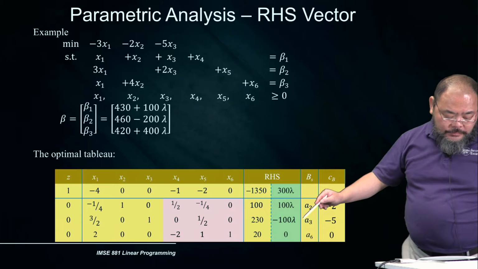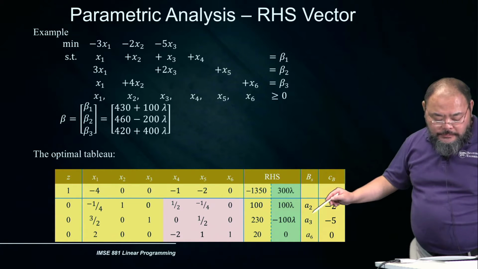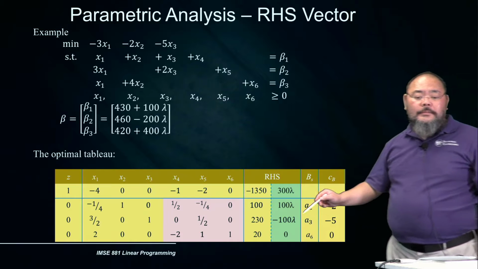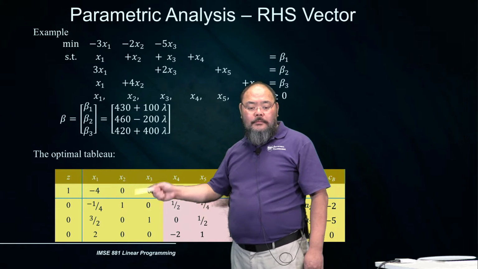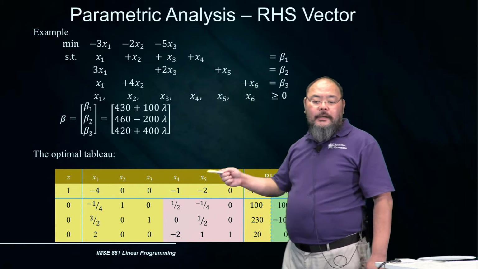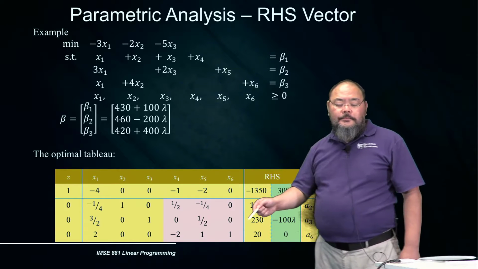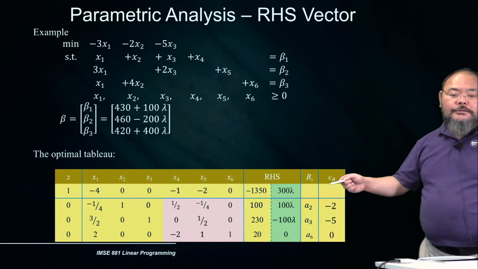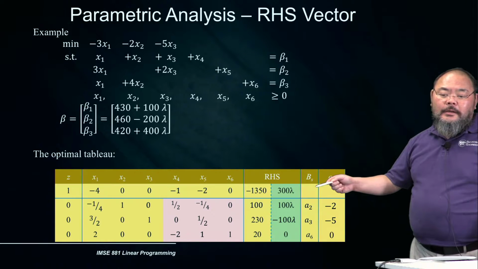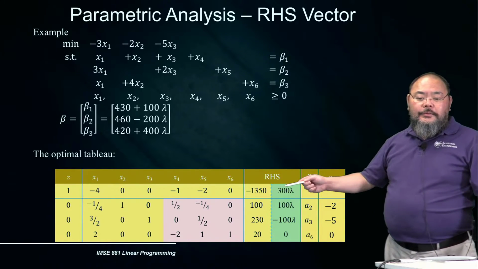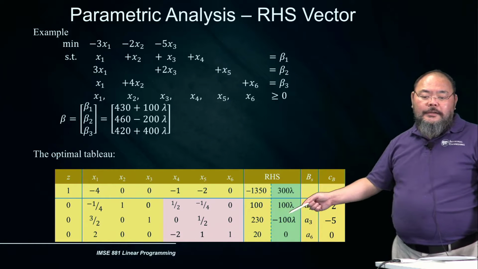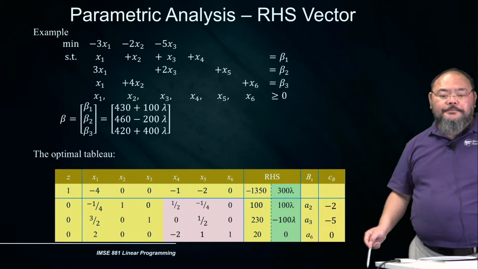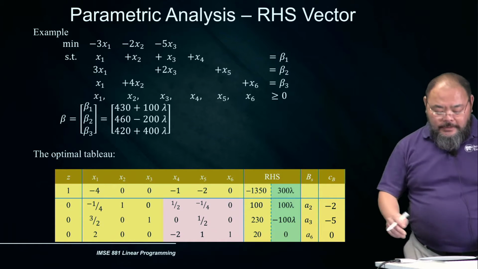My basic variables are x2, x3, and x6, which are basic columns. The right-hand side also changes, as B inverse times XB prime: 100 times lambda, negative 100 times lambda, and the last one will be 0 based on the calculation.